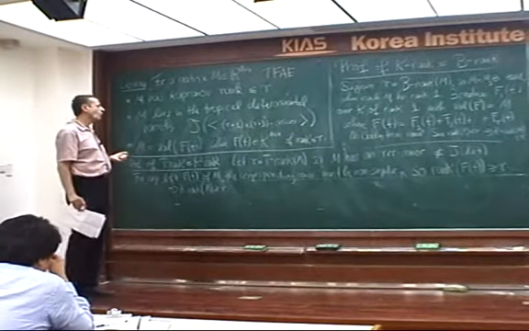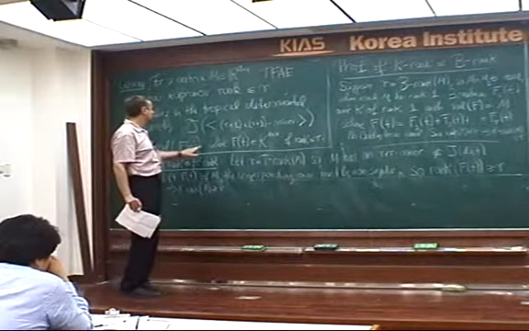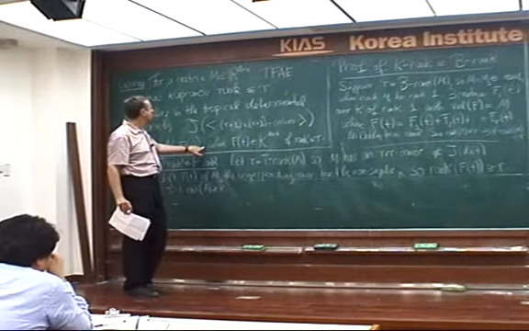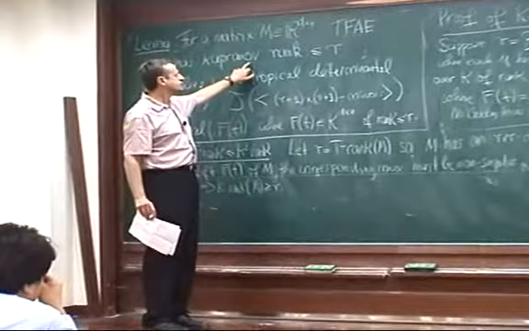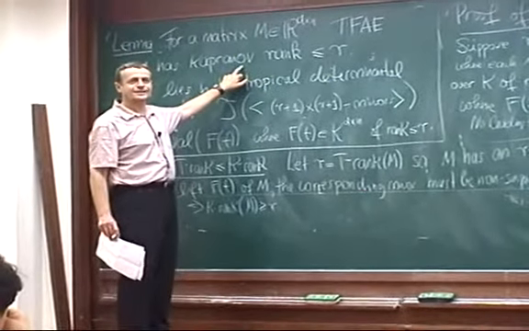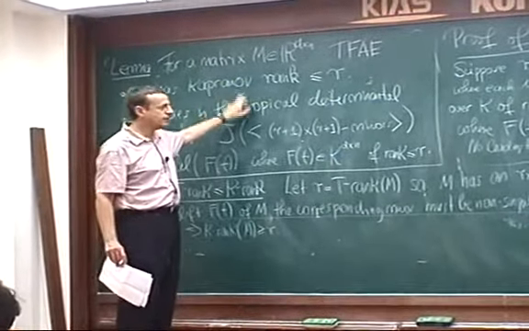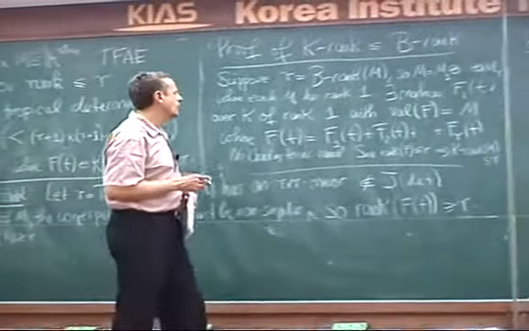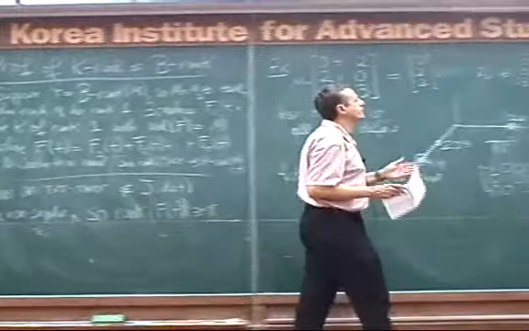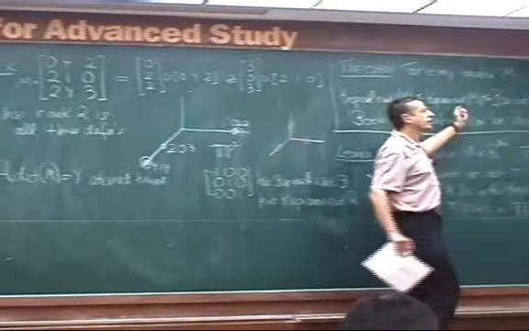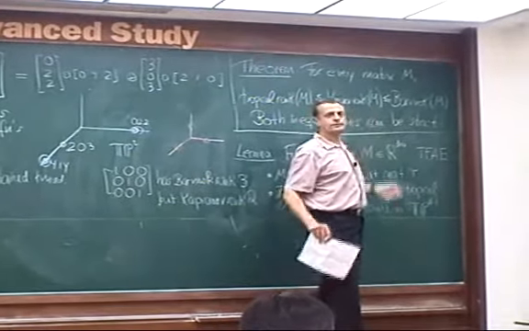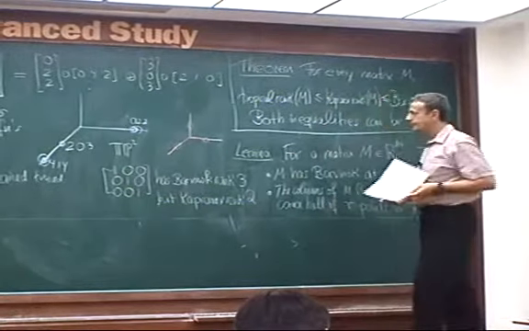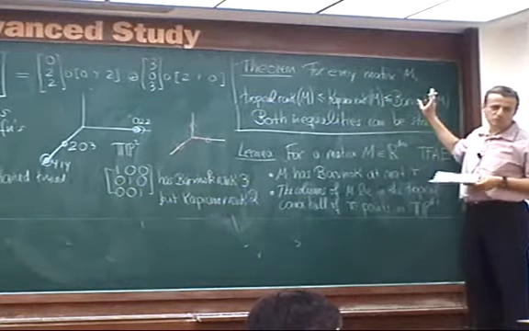So therefore, it's not the case that the Kapranov rank is less or equal to R minus 1. So I get the correct inequality. So I have a matrix of tropical rank R, and I've shown that the Kapranov rank is at least R. Okay, so that's good. So we're almost done. I've almost proved the theorem.